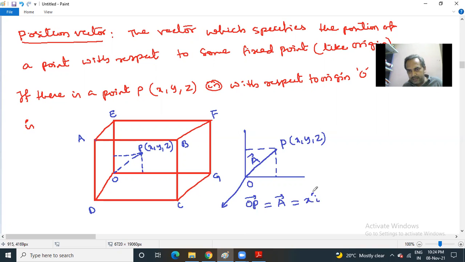So it is x i cap, where x is the magnitude and i cap is the corresponding unit vector. Plus y j cap, so this is the magnitude along the y-axis and the corresponding unit vector. Plus z k cap, where z is the magnitude and the corresponding unit vector is k cap.